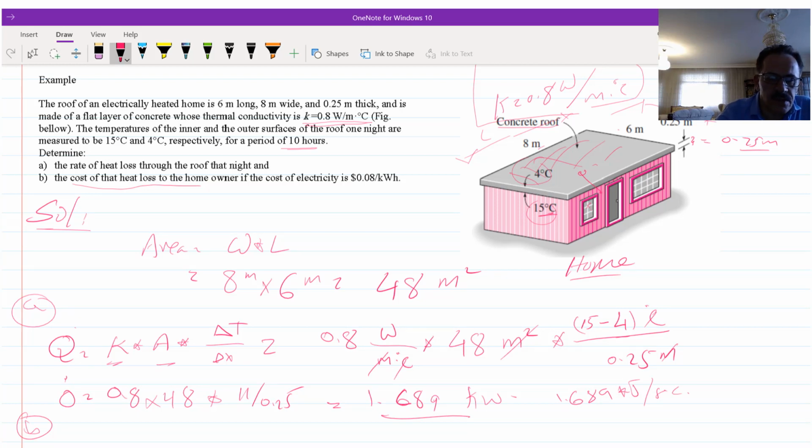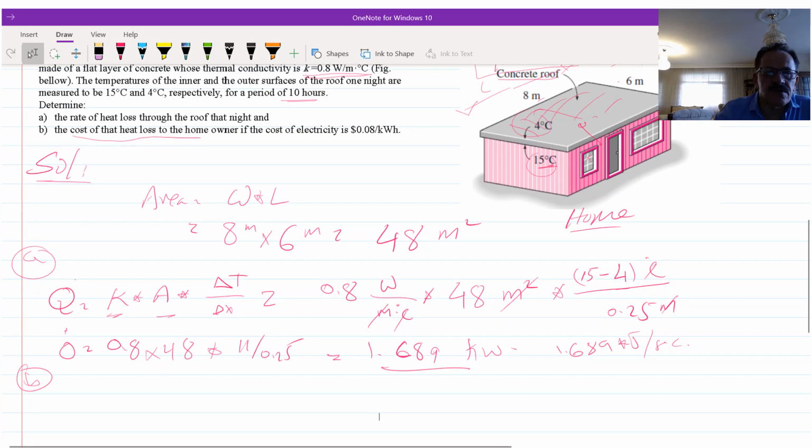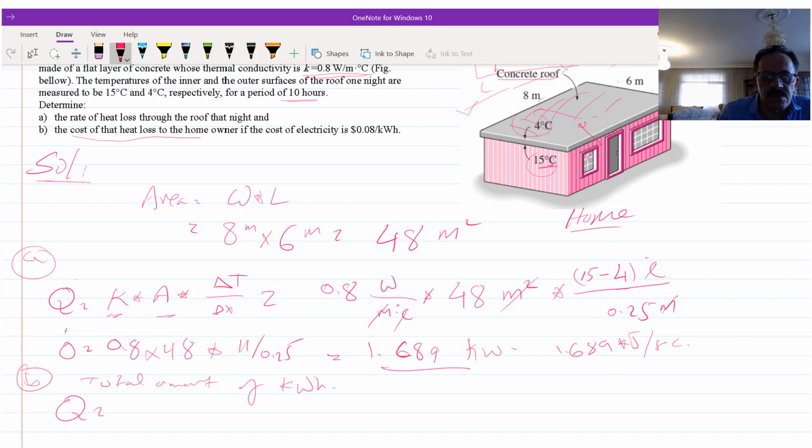So over that night, Q is the total amount of kilowatt hours lost due to those 10 hours. It means the Q rate times the time, 1.689 kilowatt times 10 hours, so it will be 16.89 kilowatt hours.